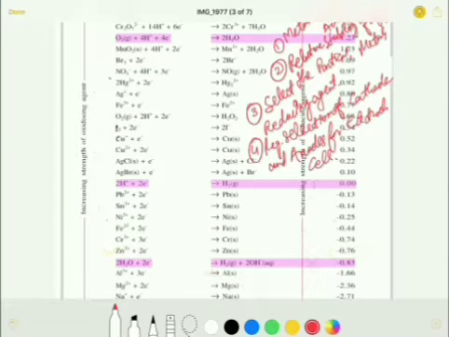For the preparation of the electrochemical cell, we require two electrodes. One is cathode and one is anode. So the anode must be very reactive, having a very high negative reduction potential value, and the cathode must have a positive standard reduction potential value.